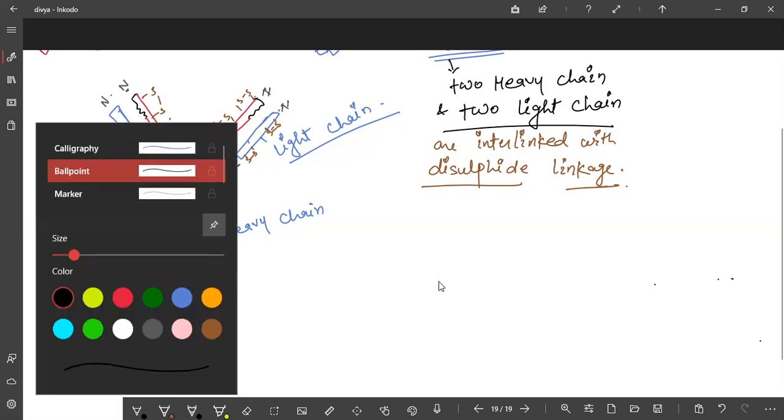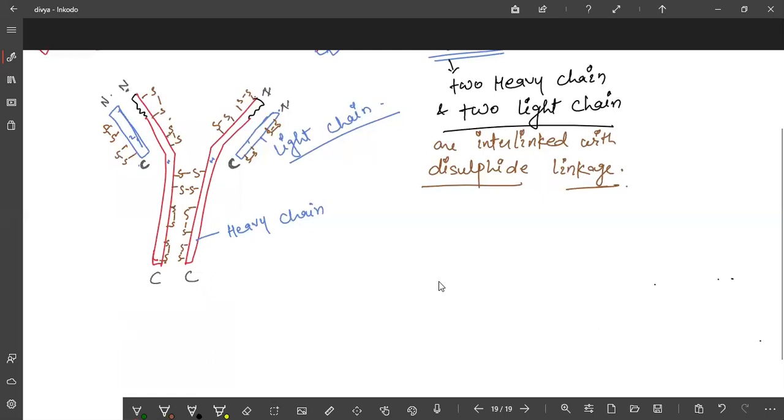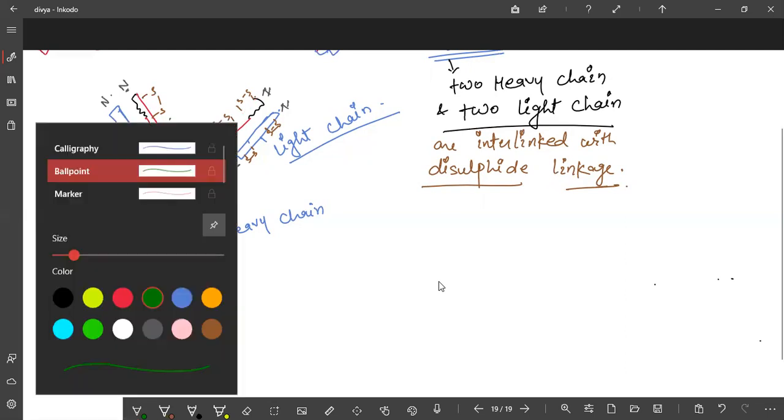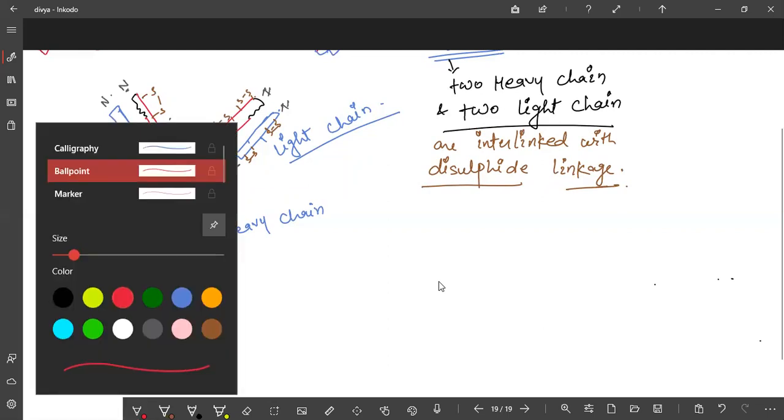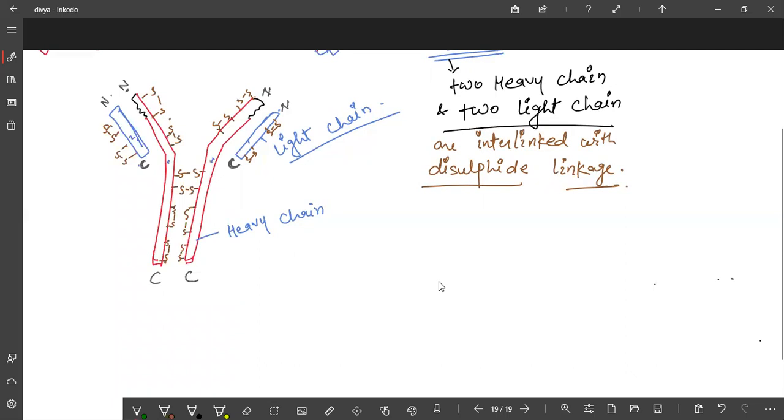Now, again you have to study in this that this light chain and heavy chain, again these have two regions. One is called variable region, another one is called constant region.